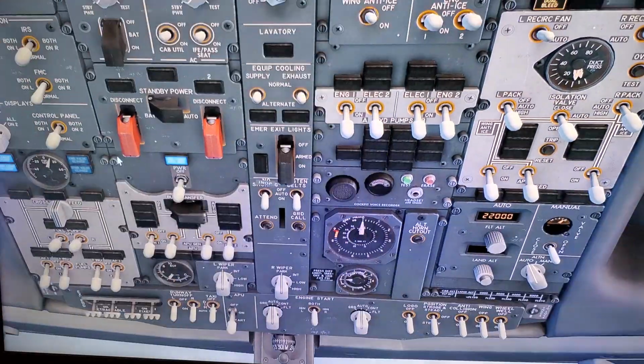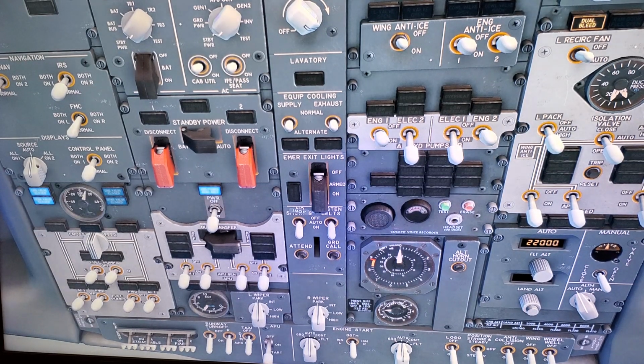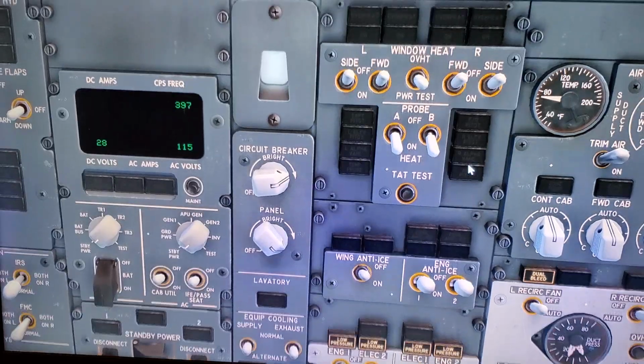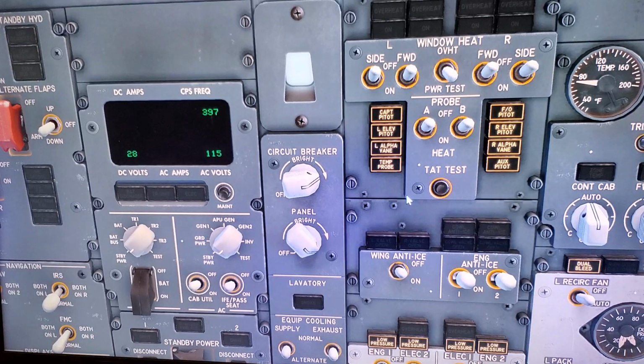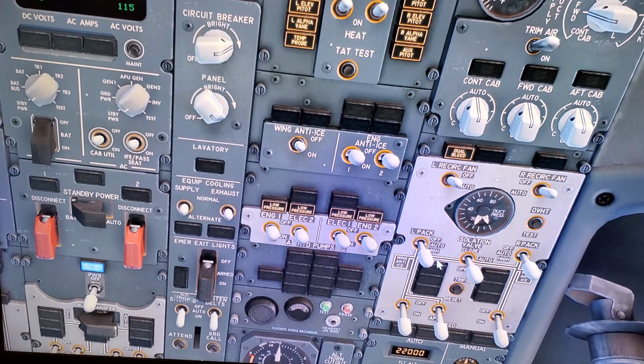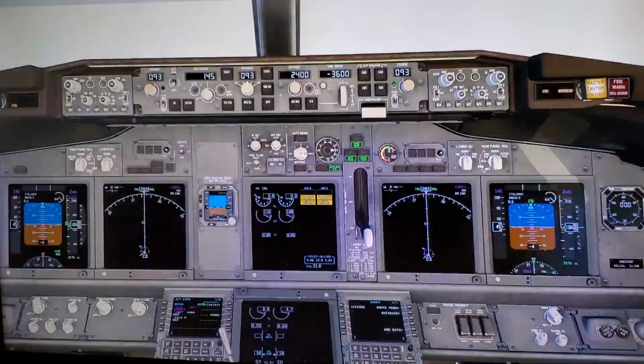Later on, fuel pump off, hydraulic off, prop off, packs off, APU generator engine bleed off.